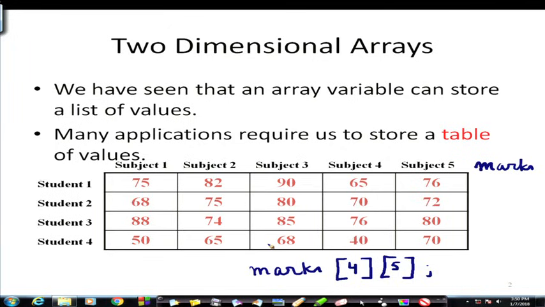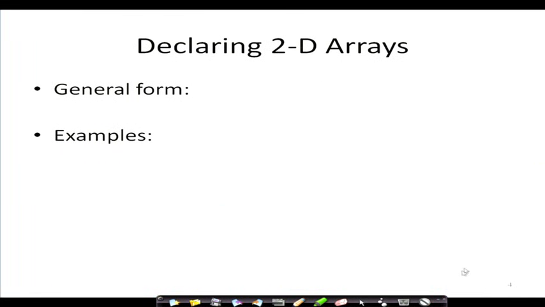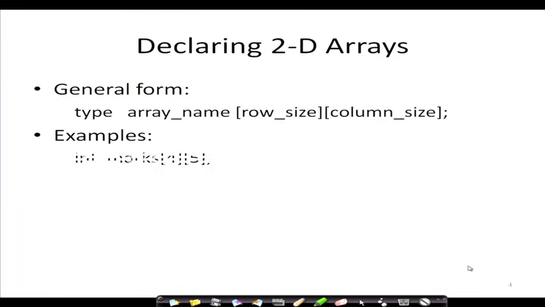So, that is how I can describe this array, and then we can go on filling up the values of this array. So, array name, row size and column size. So, for example, int marks.